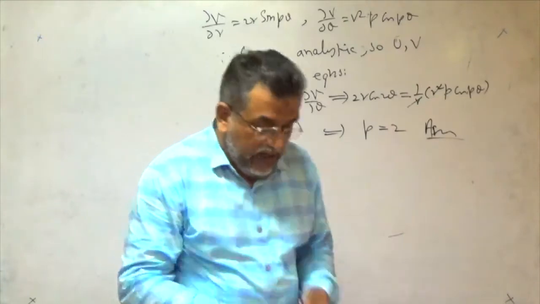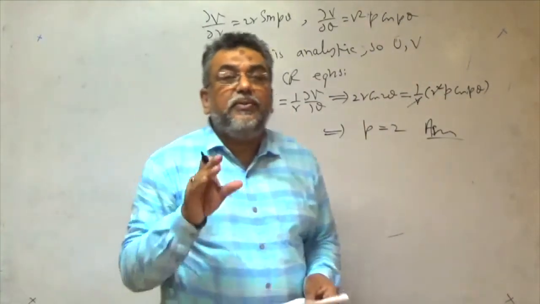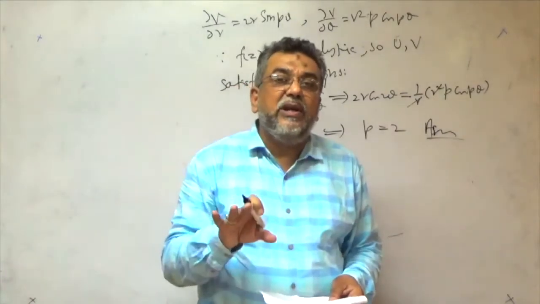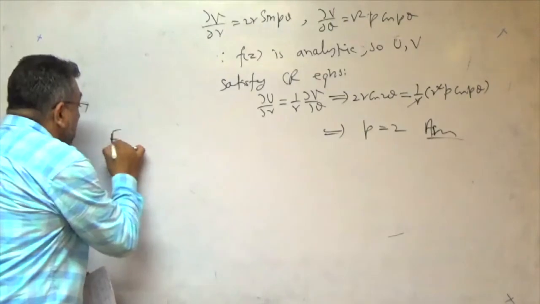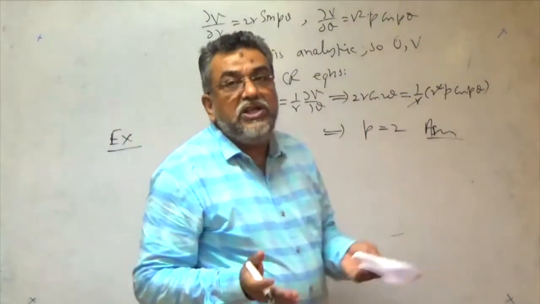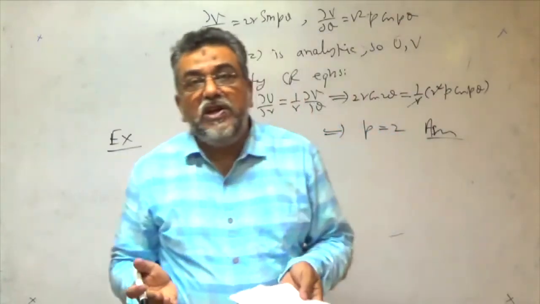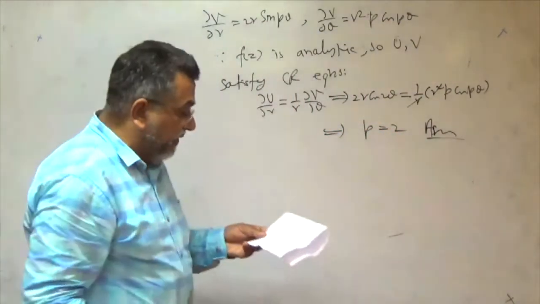So we take an example in which you have to use the concept of checking differentiability of a function of two variables. That is a very important example by which you can understand how to check the existence of limit, continuity, and differentiability of the function, and then analyticity of the function.